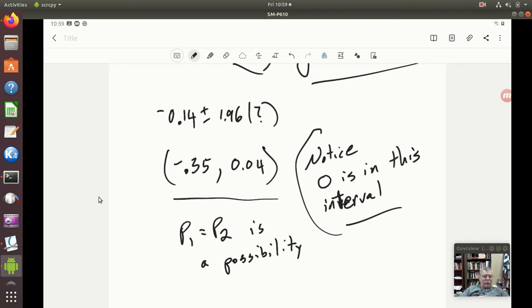But here, at least there is some possibility, certainly within this confidence interval, that the two proportions were the same, and so there was no improvement. Bummer. Okay, so we'll also look at this example with a confidence interval. Okay, so we'll call that one done.